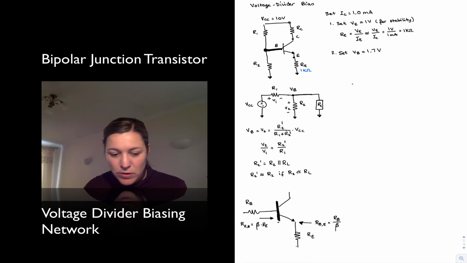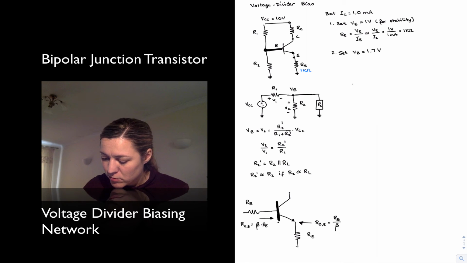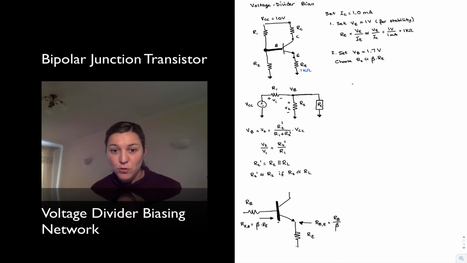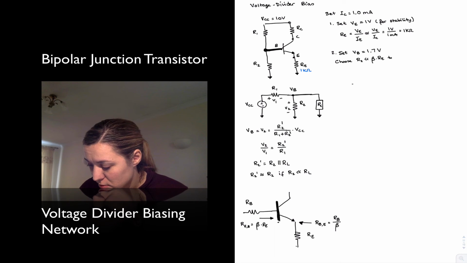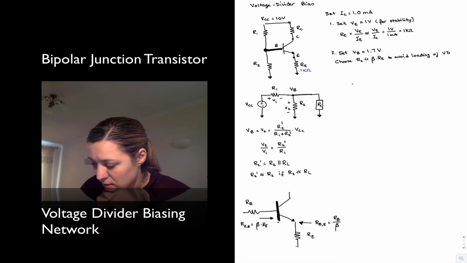So we want to choose R2 as being much smaller than beta times RE to avoid loading of the voltage divider network.